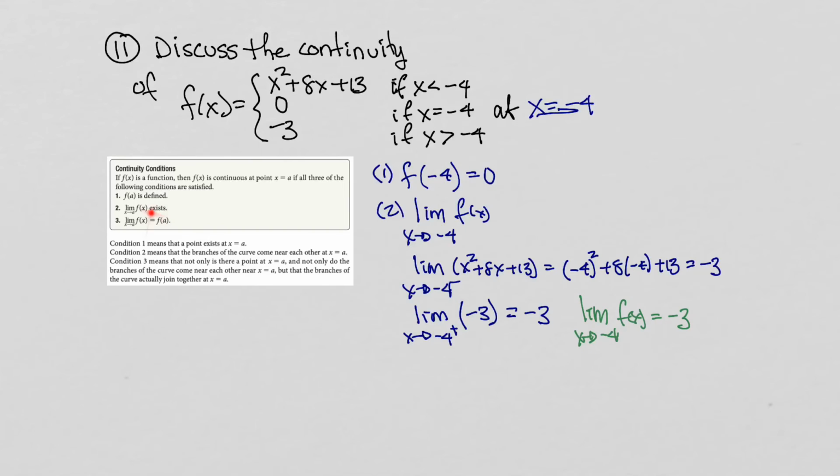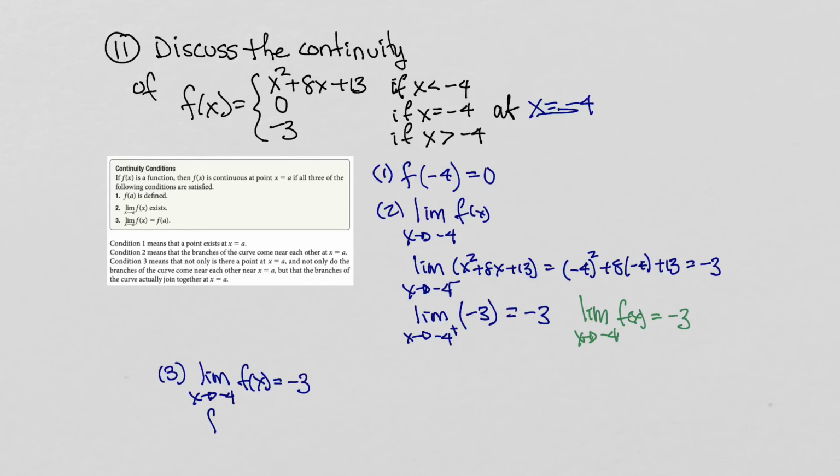The third condition says, does the limit of the function as we approach a equal the function value at a? Let's take a look at those. In number 3, the limit as x approaches -4 of f(x) is equal to -3.